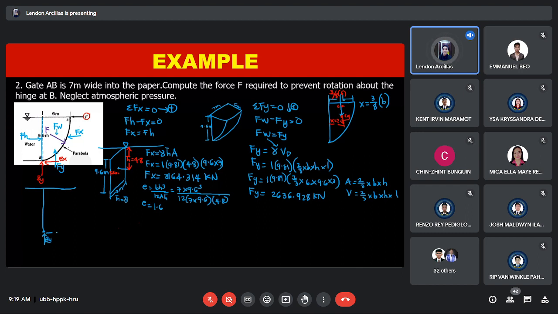This is our B sub X. This is our gate na 9.6 and yung F of H is nandito, right? Or F of X, same lang sila ng value. And yung F of Y natin is nasa centroid nito.